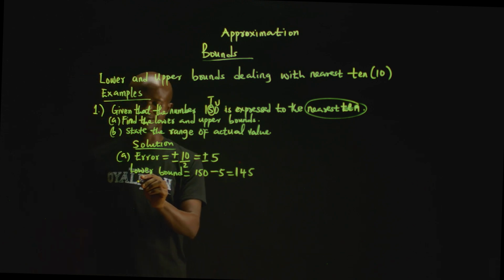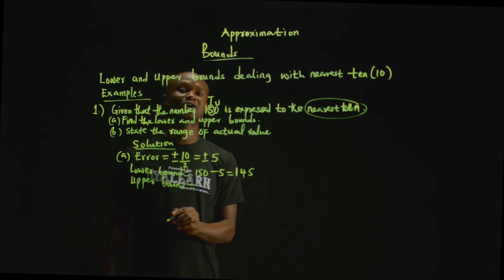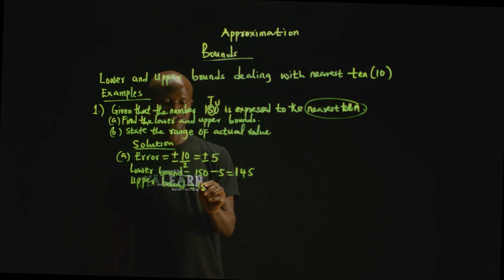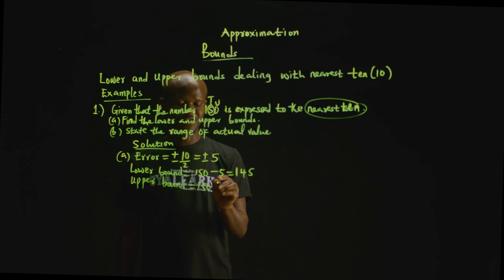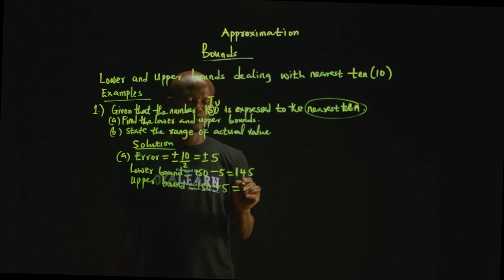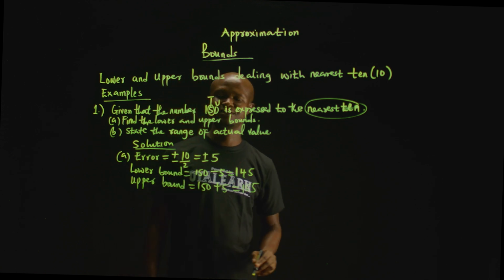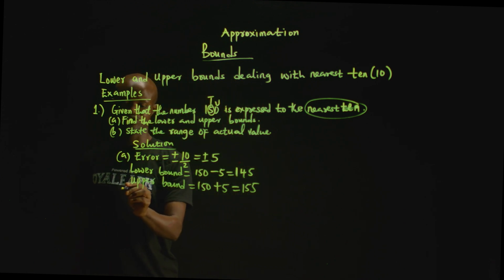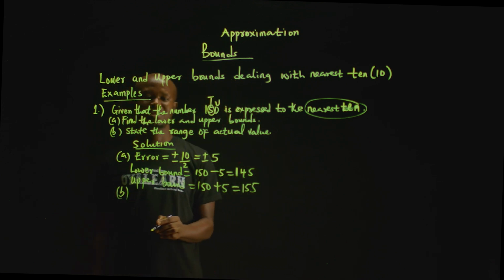Then for the upper bound, we are going to have 150 plus 5, so we have 155. That's the solution to part A.